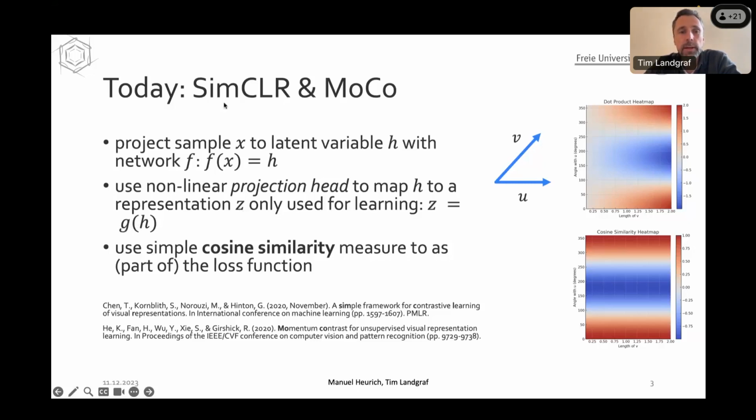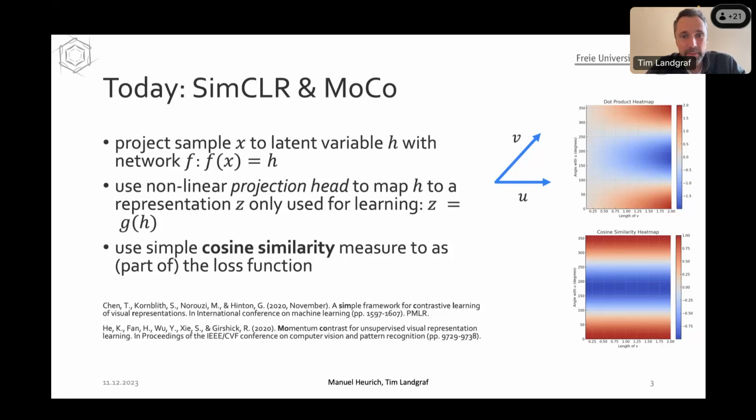So that's the same for SimCLR and MoCo, and both use in some way the so-called cosine similarity, which basically measures the angle between two vectors. These are the references, and let's dive right in.